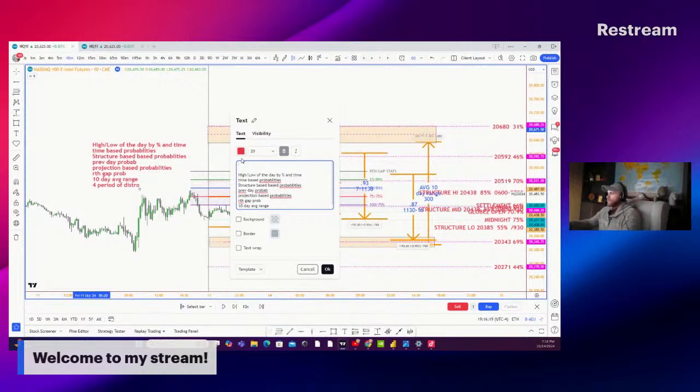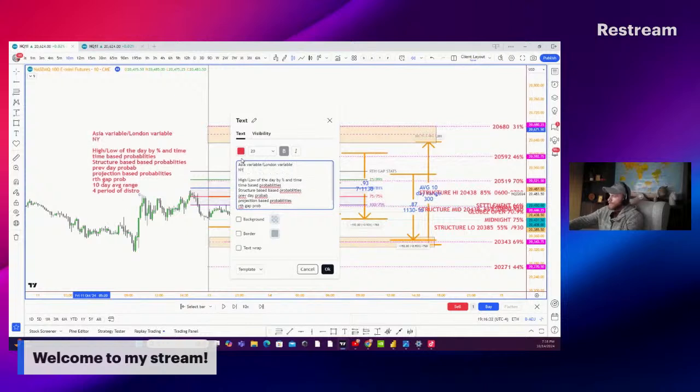Right? So my live price component is Asia variables and London variables. And then I have a New York AM and a New York PM.